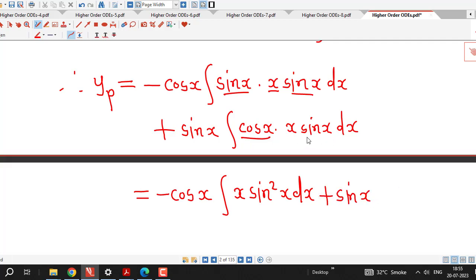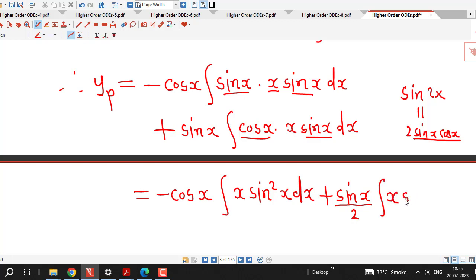Here I have cos x into sin x into x, and we know that sin 2x is nothing but 2 sin x into cos x. Therefore sin x into cos x can be written as sin 2x divided by 2, and we can take 2 outside, that is 1 by 2, and here we have x times sin 2x integral with respect to x.